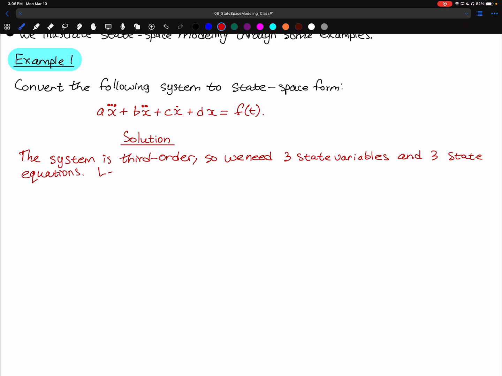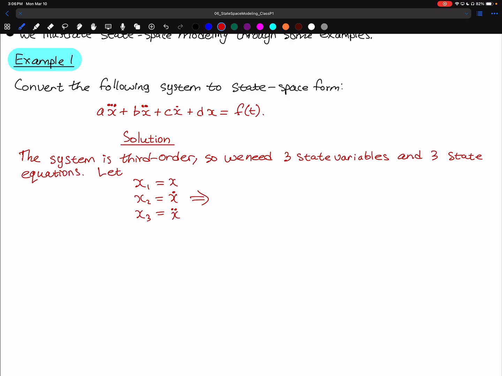To this end, we're going to say that x1 is equal to x, x2 is equal to x dot, then x3 is equal to x triple dot. Oh, sorry, it's going to be x double dot. So we've now defined 3 new variables.